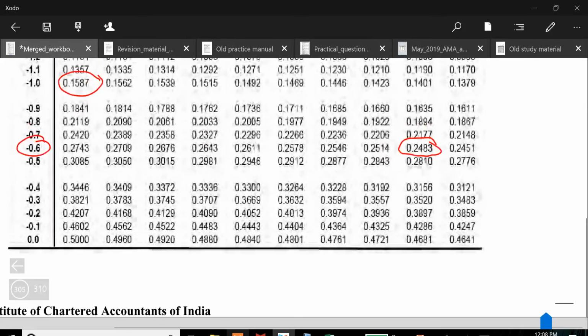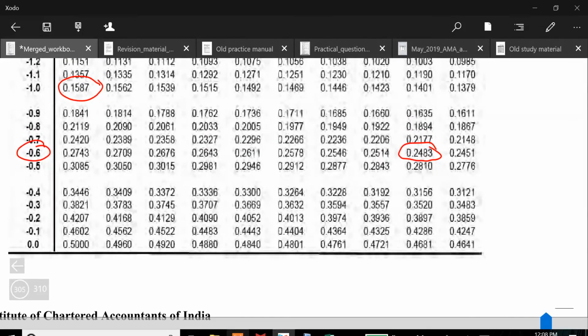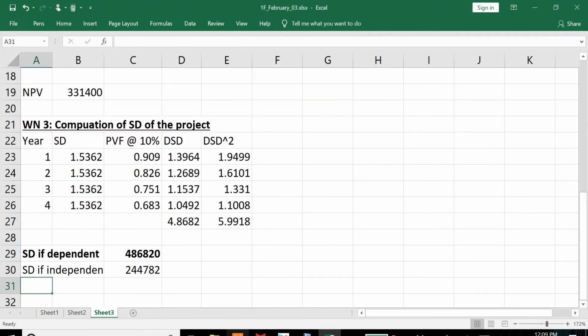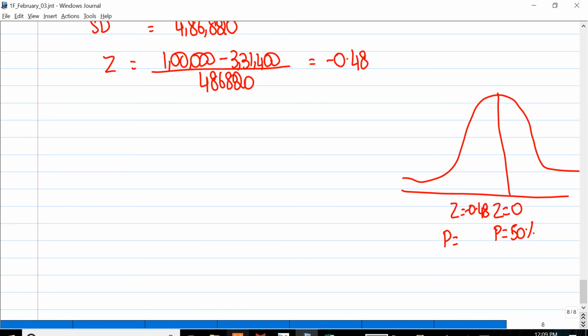Minus 0.48 gives 0.3156. Whatever we calculate is the value to the left side. So 31.56% is to the left side, and the balance on this side is 68.44%.